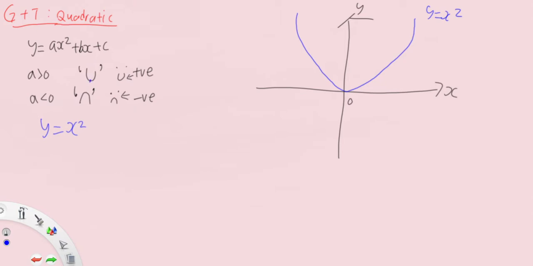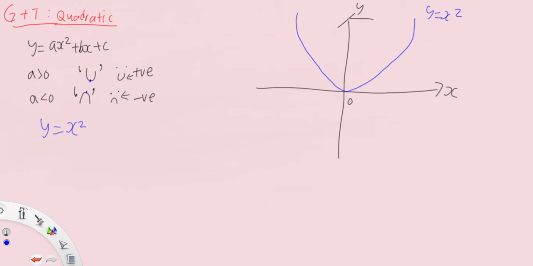There's a minimum or a maximum point. That is basically the turning point, because you move from one way to the other. Hence what we call the turning point.